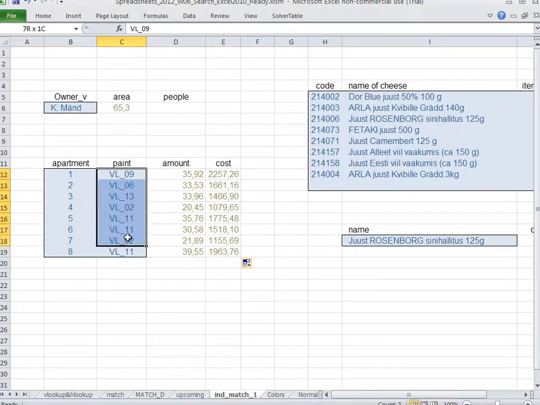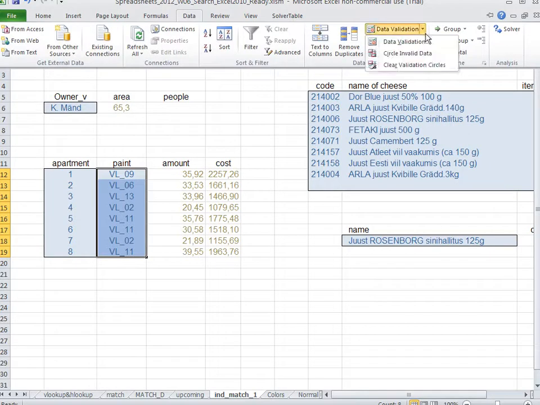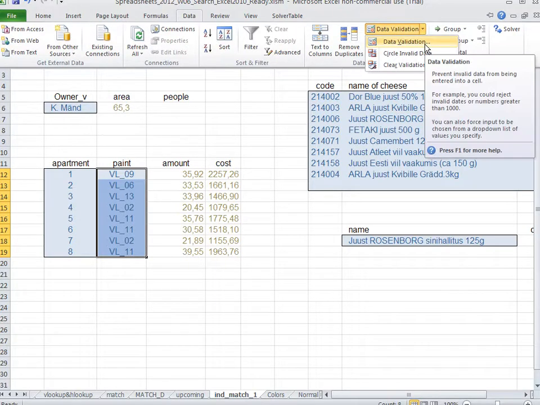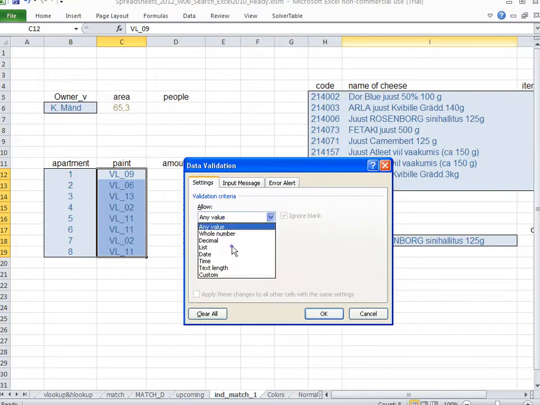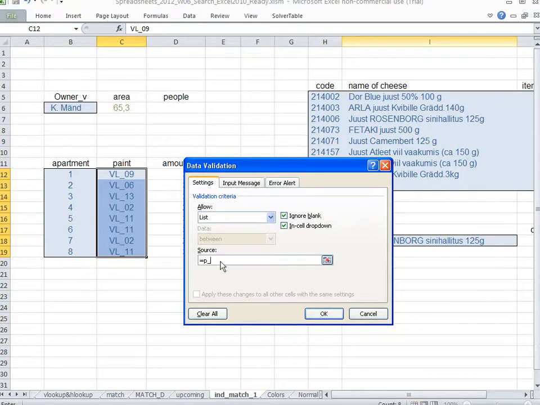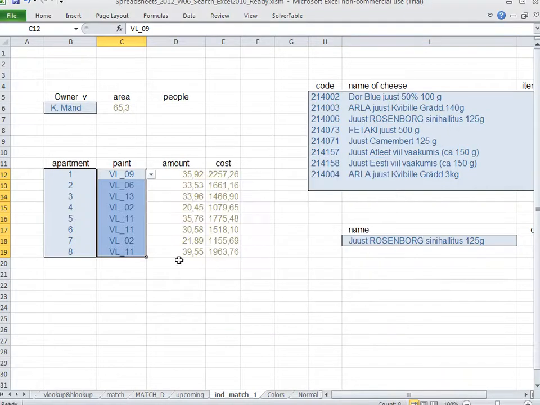So we select all these paints, we do data validation, and we say list and equals P brand, and here it is. Now we can already switch for different paints, and all the costs will switch as well.